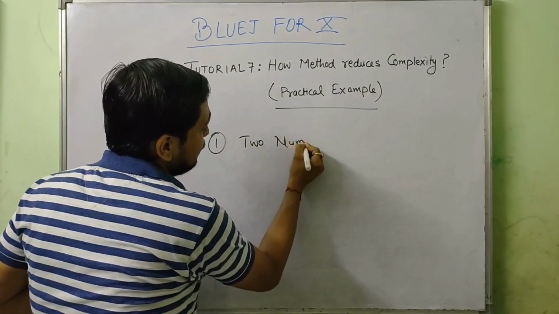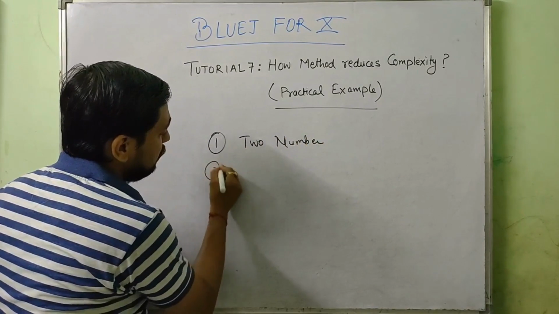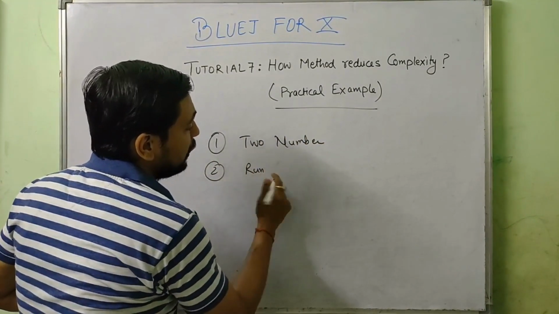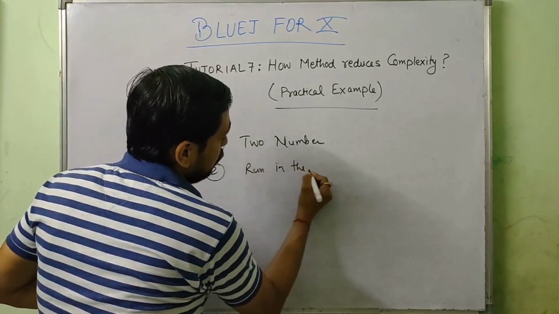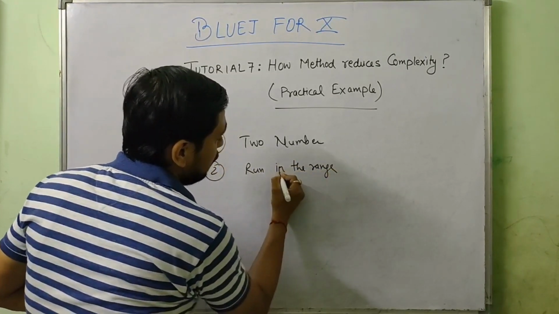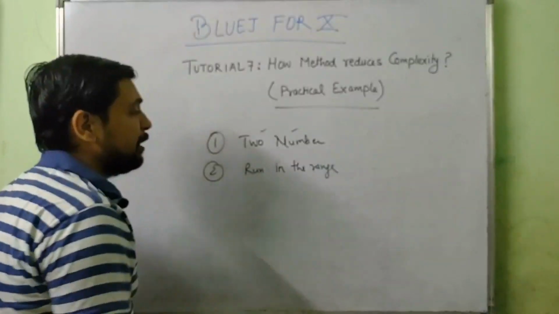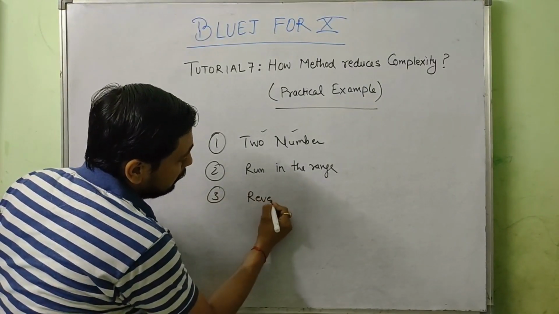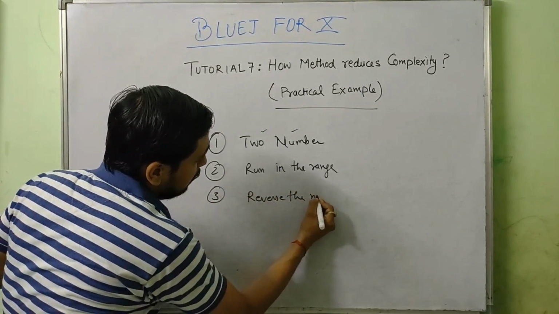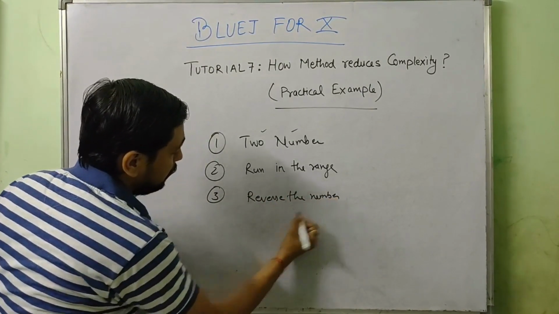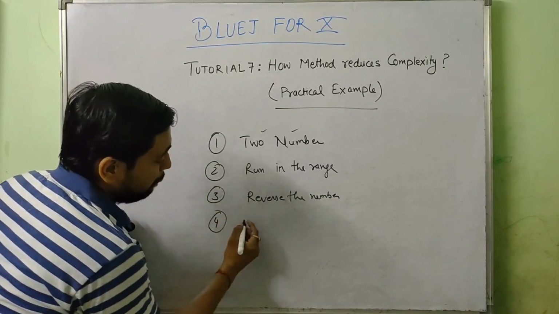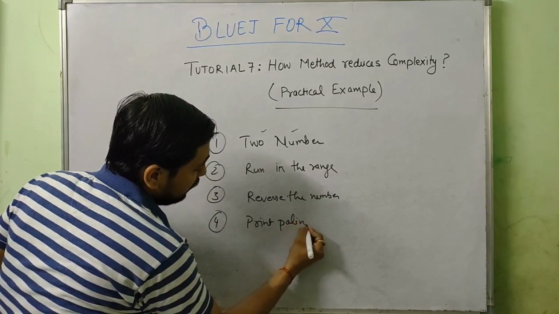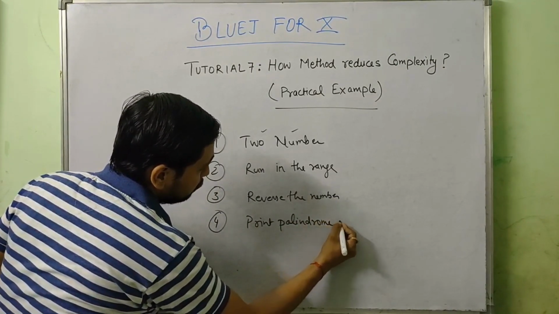The second task is to run from the first number to the second number, or to run in the range, taking each number available between these two numbers. Third, we will reverse the number, and fourth, we will print whether it is a palindrome or not.